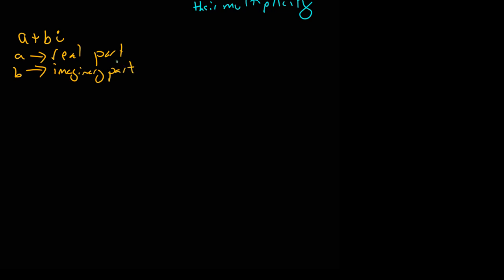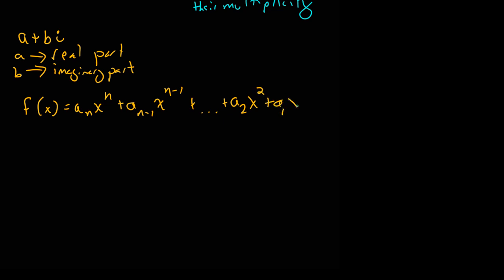And so we've been looking at real solutions. Well, we already know from quadratics there can be imaginary solutions. But when I have a polynomial in this form, there were no imaginary coefficients.